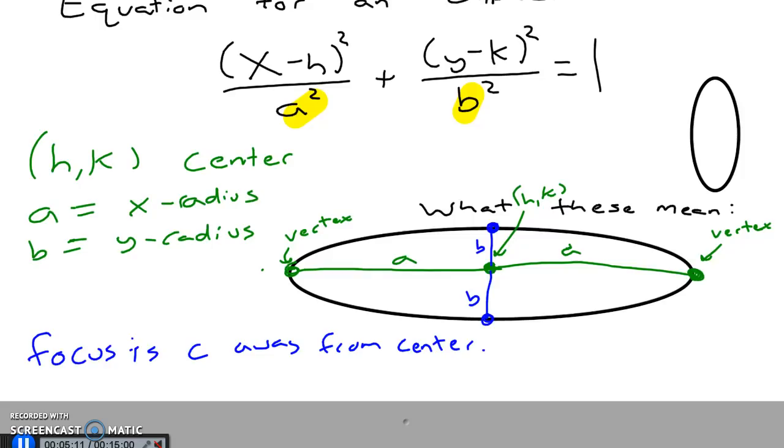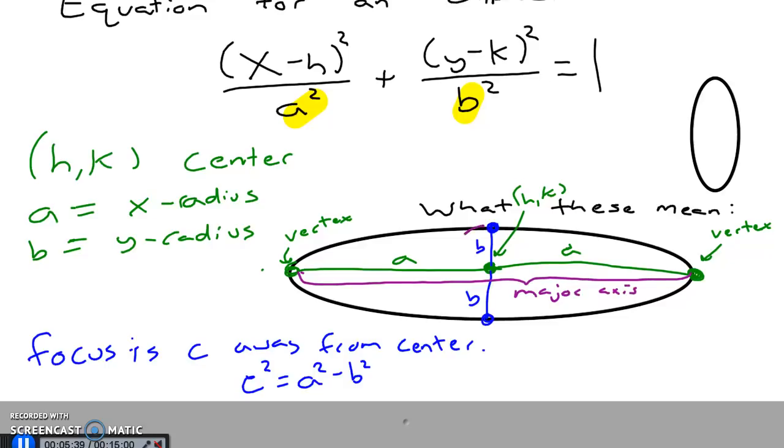And the way we find c in an ellipse is that c squared is equal to a squared minus b squared. And so the focus is somewhere on the major axis. The major axis is the large one. And here we can even go ahead and show you that this here is the major axis. And this here is the minor axis.